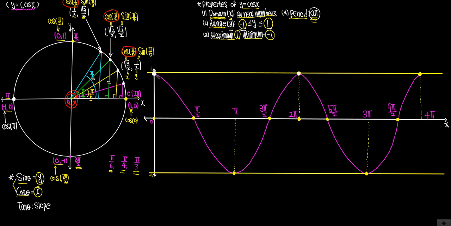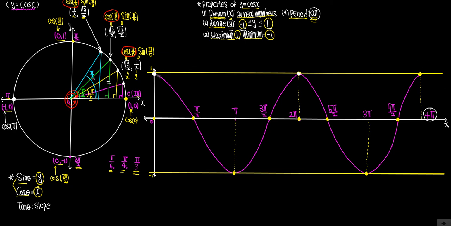So just like this, from 0 to 4 pi radians, I graphed two periods of y equals cosine x. But we need to remember that this is just one part of the whole graph of y equals cosine x, which ranges toward the positive and negative infinity directions.